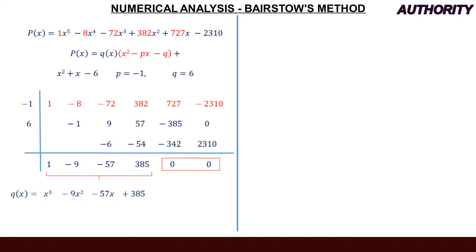Now, when you extract this quadratic polynomial, you can find its roots. And if your q of x is still of higher degree, you can apply Bairstow's method again to extract more quadratic polynomials from your q of x, and thereby you split them and you solve. Very simple.